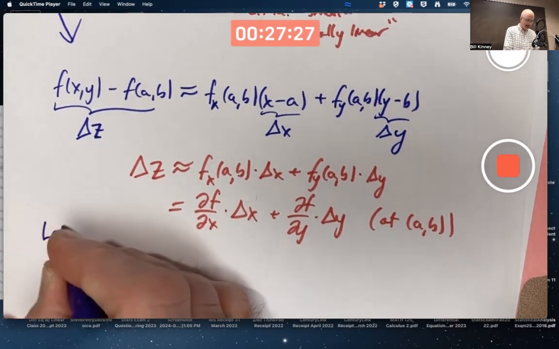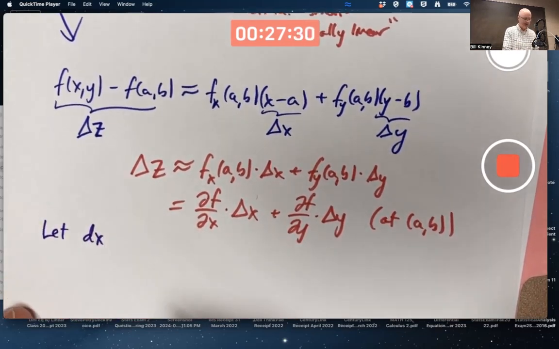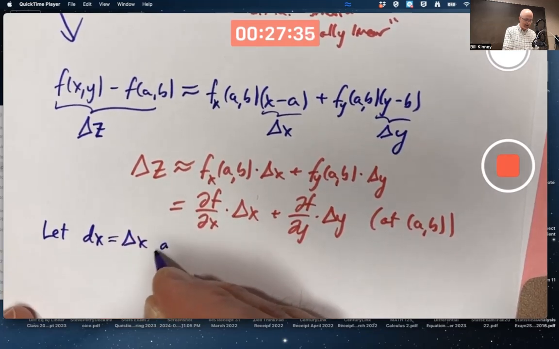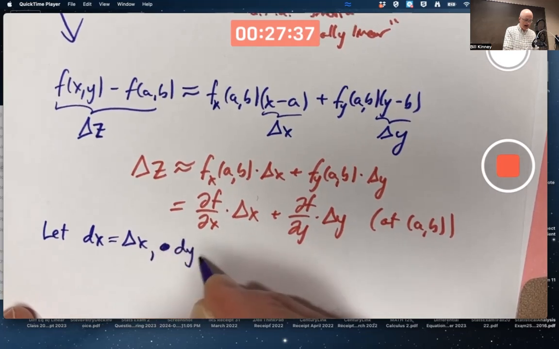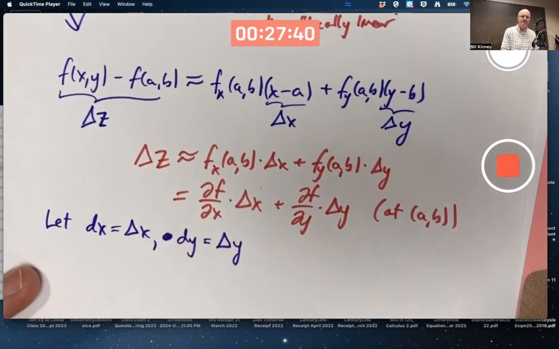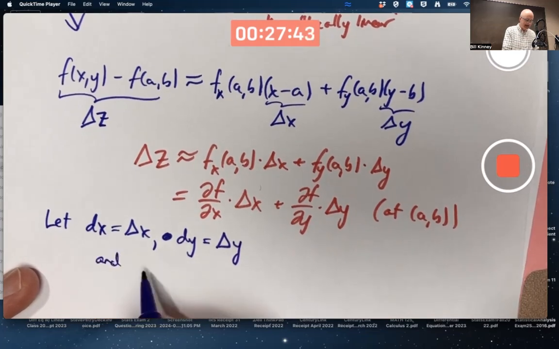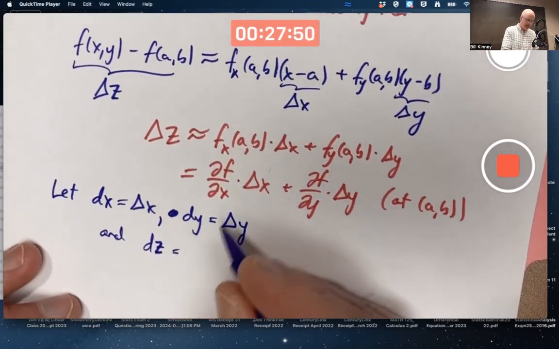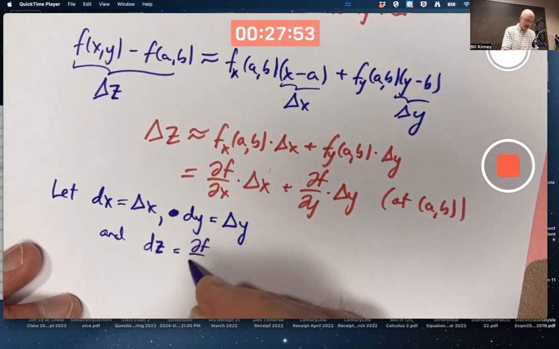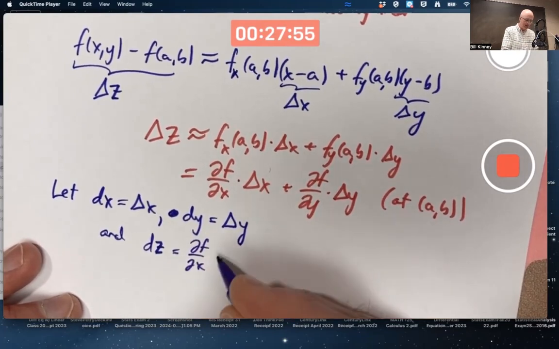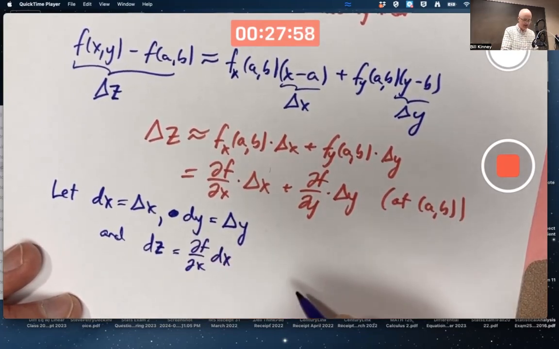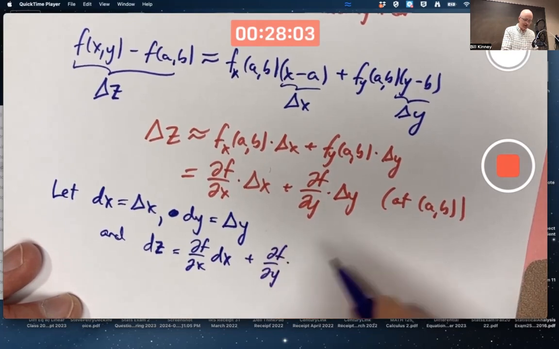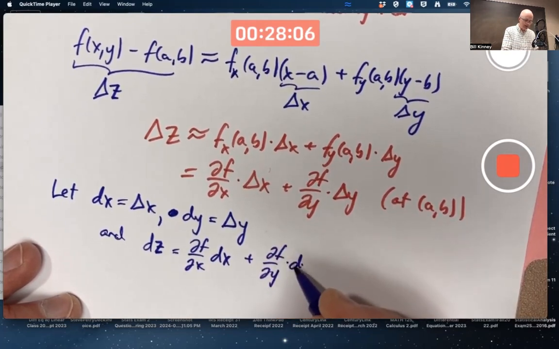We let dx equal delta x, dy equal delta y, and we let dz be this thing, partial f partial x delta x, but I'm going to replace the delta x with the dx because they're equal, plus partial f partial y times delta y, but I'm going to write a dy because they're equal.